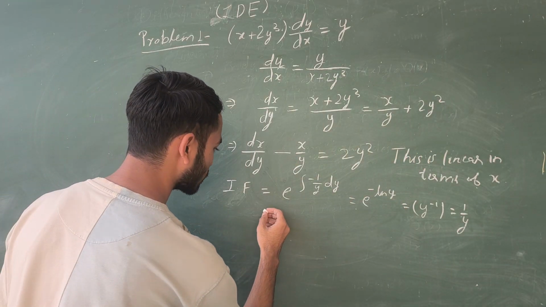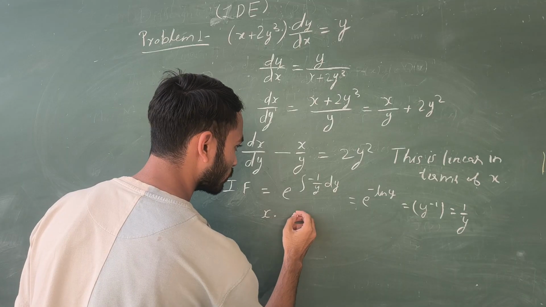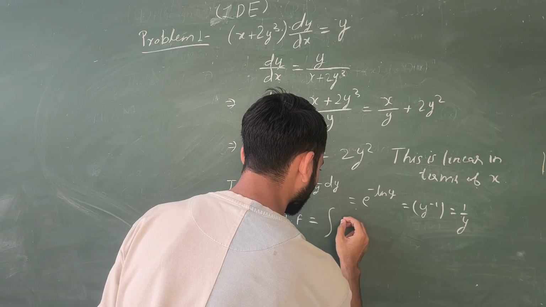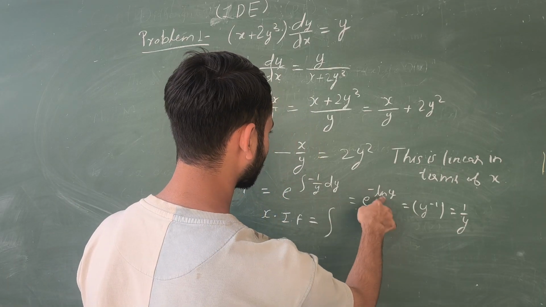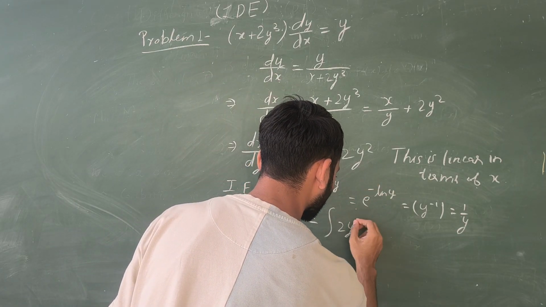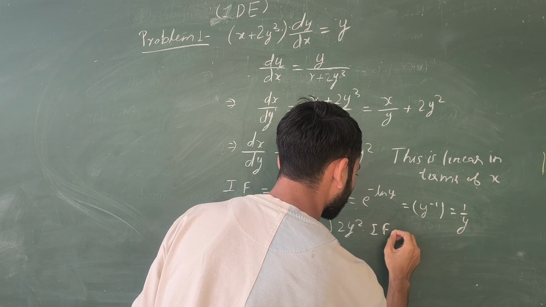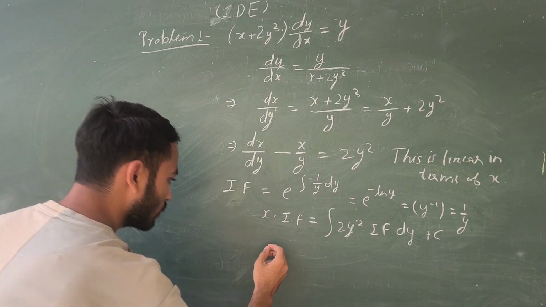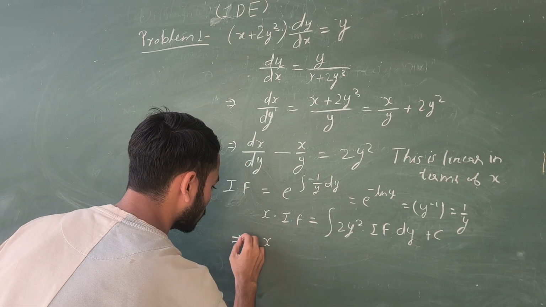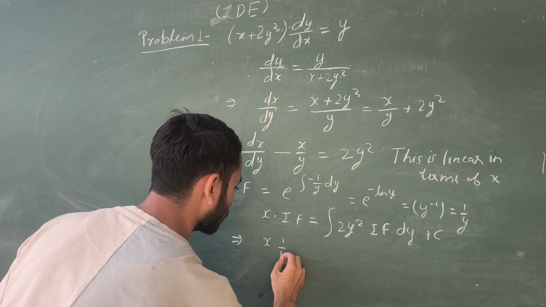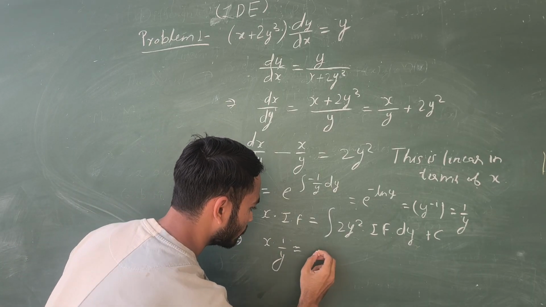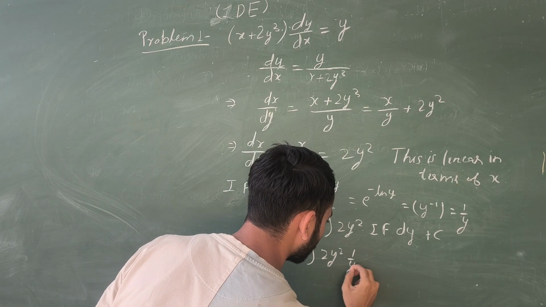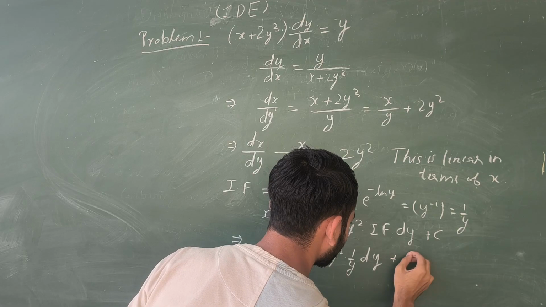We have to now simply put x into integrating factor is equal to integration Qx. What is our Qx? 2y square into integrating factor dy plus c, that is x into 1 by y is equal to integration of 2y square times 1 by y dy plus c.